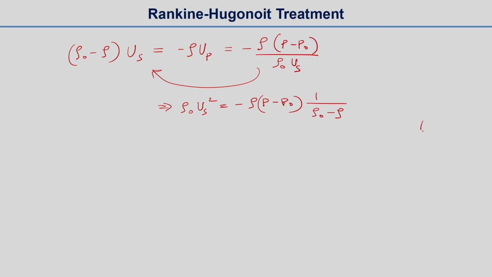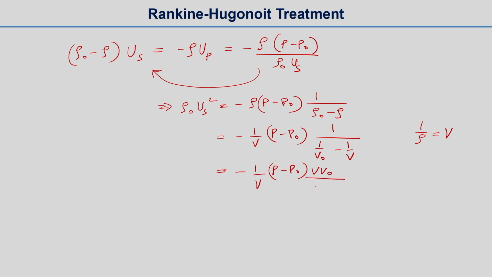We know that 1 by rho is equal to the specific volume V. So in here, if we do this substitution, P minus P naught times 1 by V naught, 1 by V, will give us 1 by V, P minus P naught, V minus V naught.